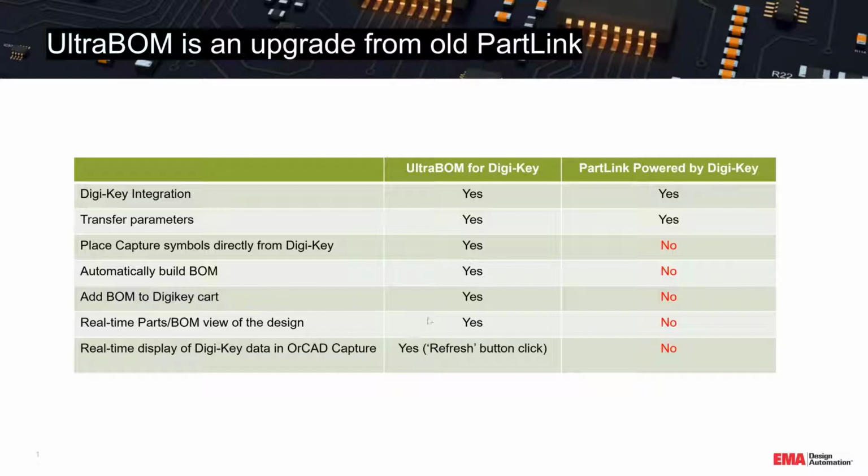And we can get real-time data pulled down into the design from that Digi-Key link. So we'll be diving into a lot of these features during our webinar today. But we want to emphasize to you that this is a replacement and an upgrade on what used to be the part link powered by Digi-Key.